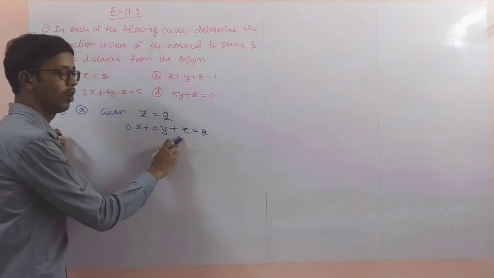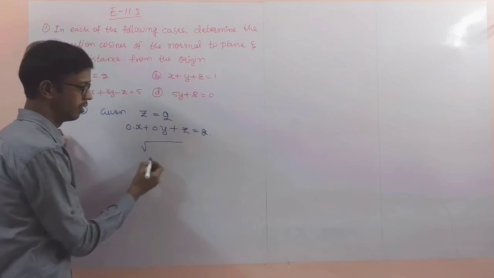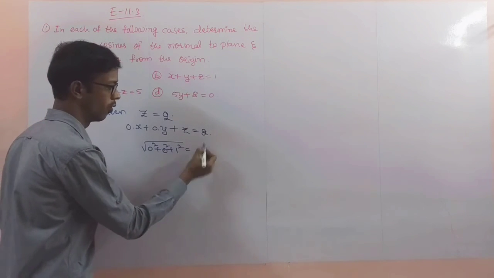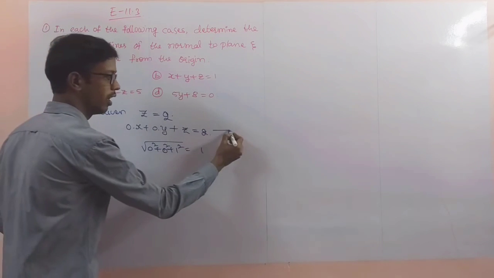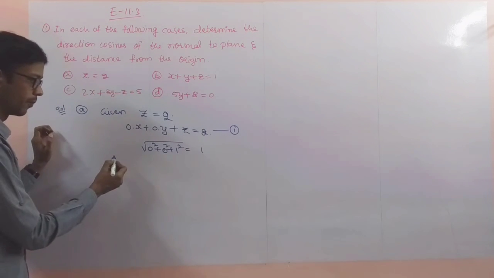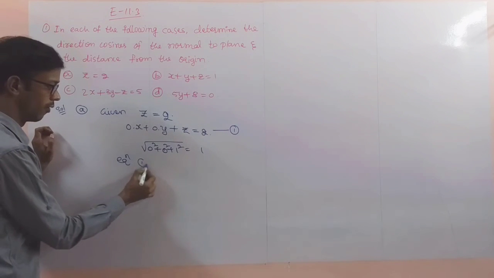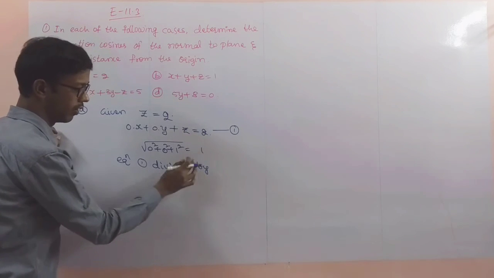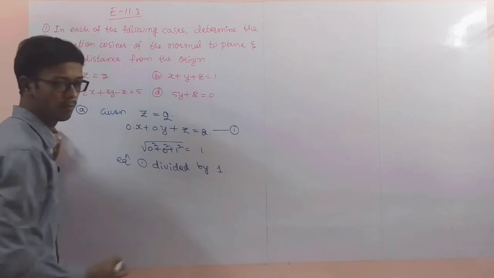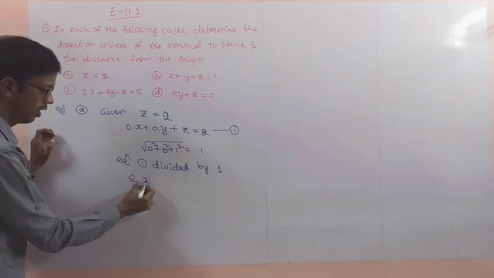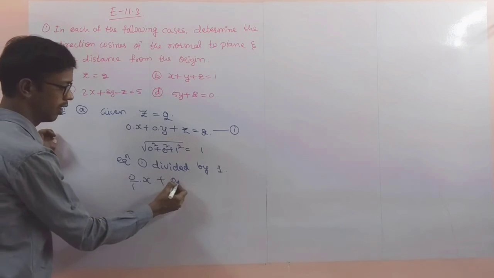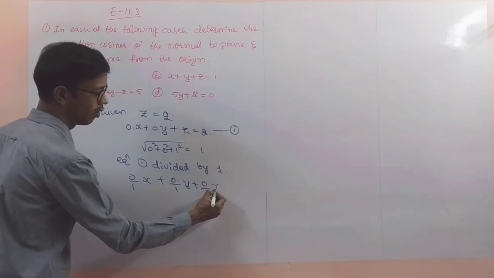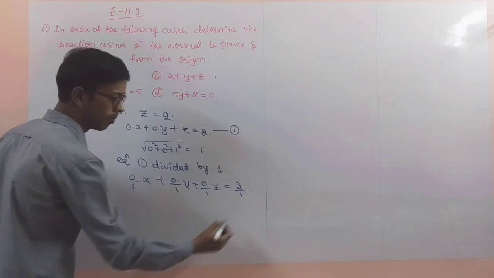Here 0, 0, 1 is there. First of all, 0 square plus 0 square plus 1 square equal to 1 you will get. Take this as equation number 1. Divide equation 1 by 1: 0 by 1 into x plus 0 by 1 into y plus 1 by 1 into z equal to 2 by 1.